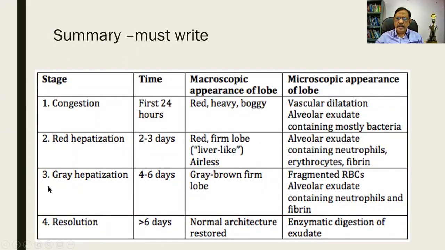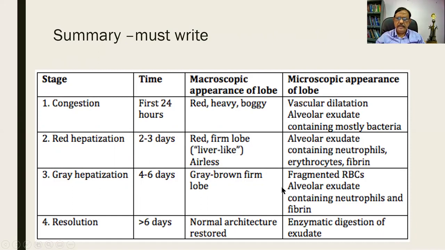This is a summary. I would like you people to memorize it and then write it, please. Congestion, the period is mentioned, the lung is heavy and boggy, and it is filled with exudate. And red hepatization filled with erythrocytes and fibrin. Liver-like in consistency, red in color.